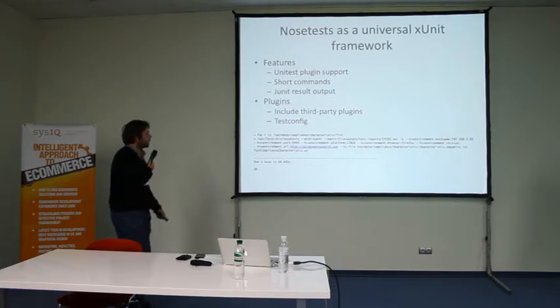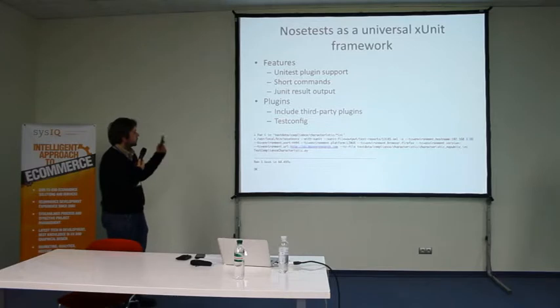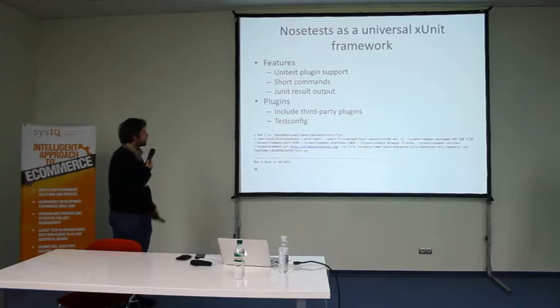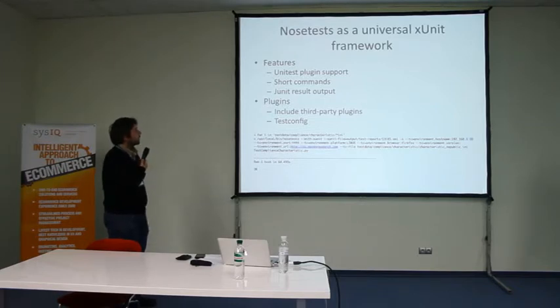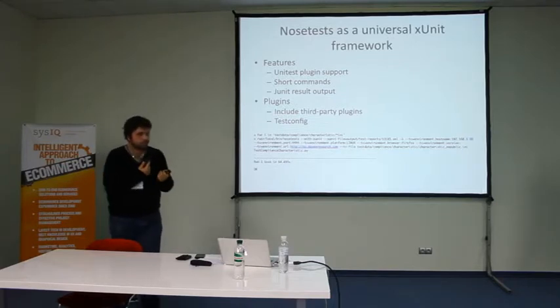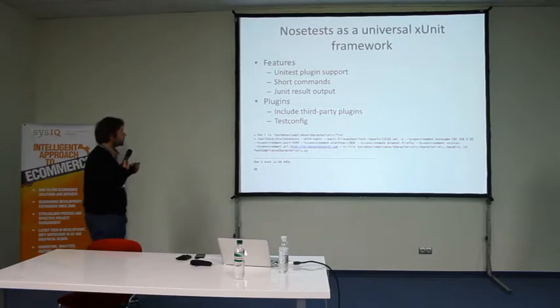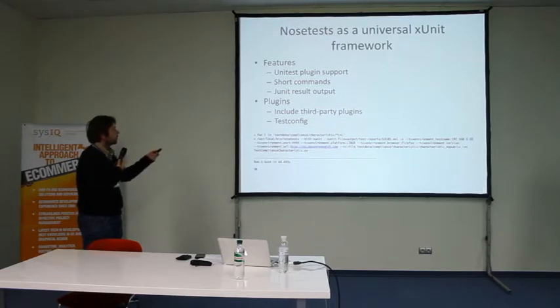This is a typical command for running a test. I pass the port, platform, browser, also test data file and test file. And as a result, I have an XML file, which Jenkins reads, and then I see results. So nosetests for Python is good, it has a lot of third-party plugins and test config, so I can pass as many test config files for one test as I want.